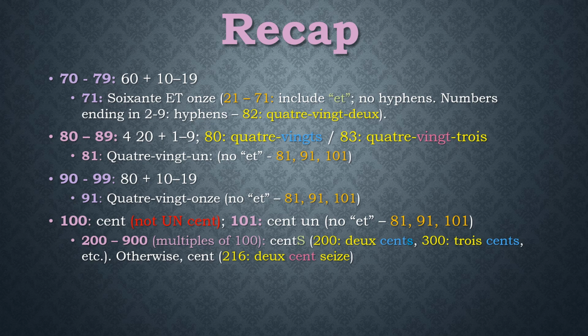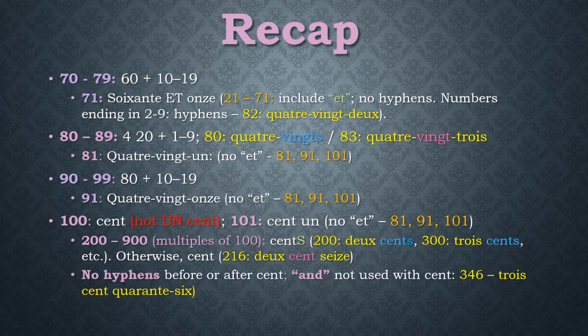So as we can see here, 200 is deux cents with an S. 300 is trois cents with an S, etc. 216, on the other hand, is deux cent seize with no S at the end of cent. Hyphens aren't used directly before or after cent. We also don't use et after cent. 346, for example, is trois cent quarante-six, with no hyphens between trois and cent, or cent and quarante.